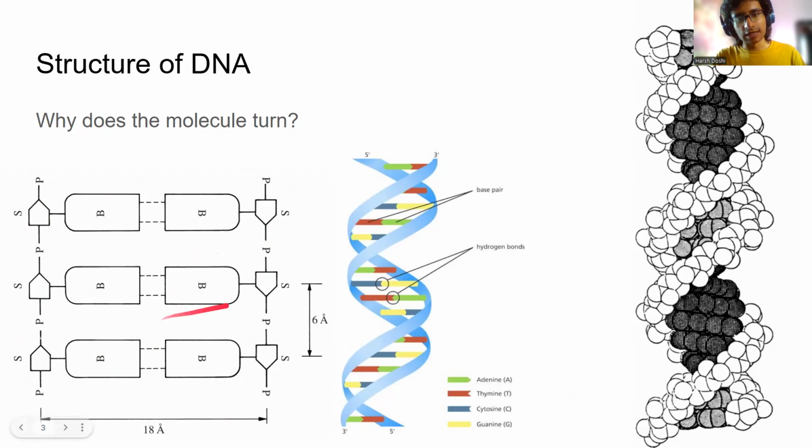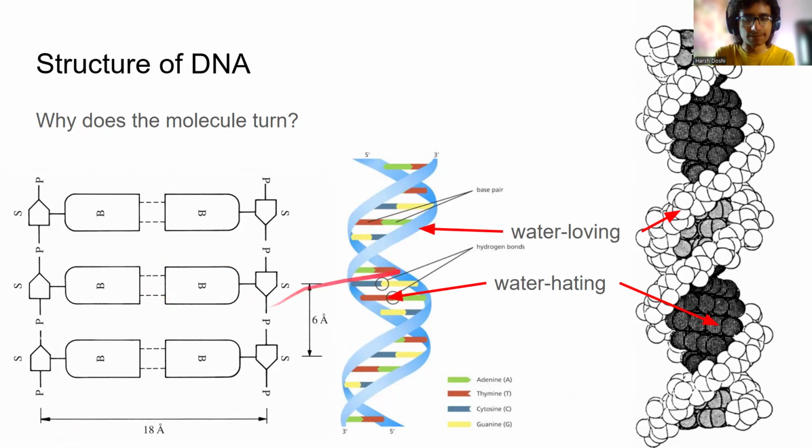But people have found that DNA exists in this double helix turned sort of structure. The reason why DNA prefers to be in this double helix turned structure as compared to this parallel planar structure is something to do with the structural chemistry of the molecules involved.